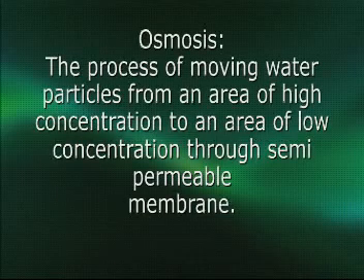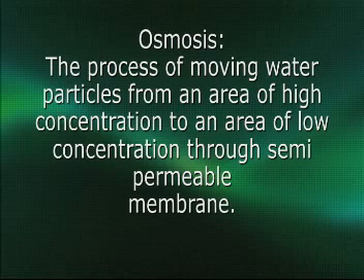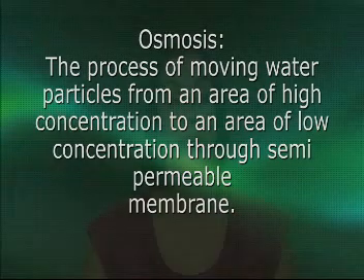Osmosis is similar to diffusion, but instead of solute particles, osmosis moves water from an area of high concentration to an area of low concentration through a selectively permeable membrane. Osmosis is also a passive process, which means that no energy is required for it to occur.